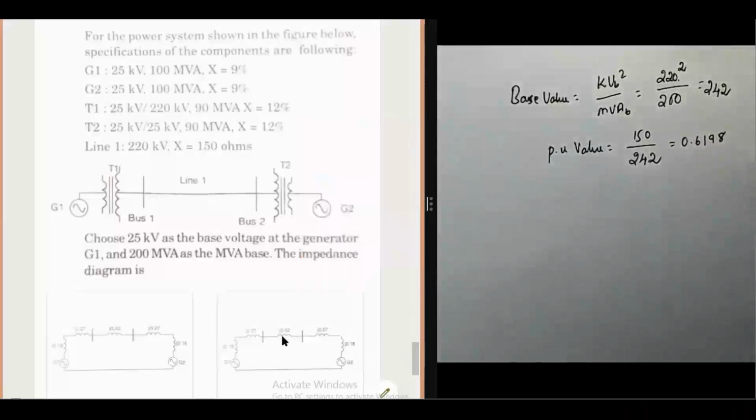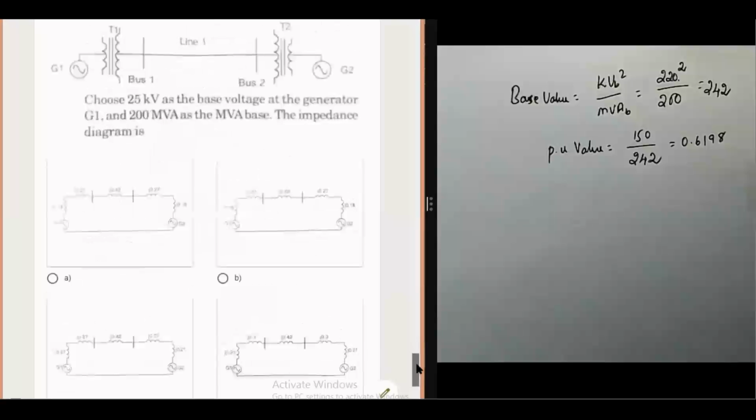Just look at the answers. Here this value is J0.62. Only one option contains J0.62. Here option B is the correct answer.